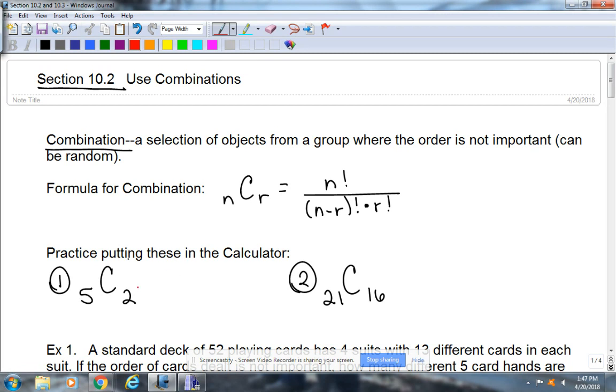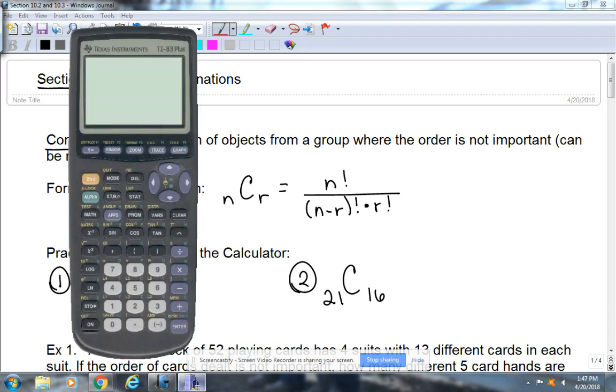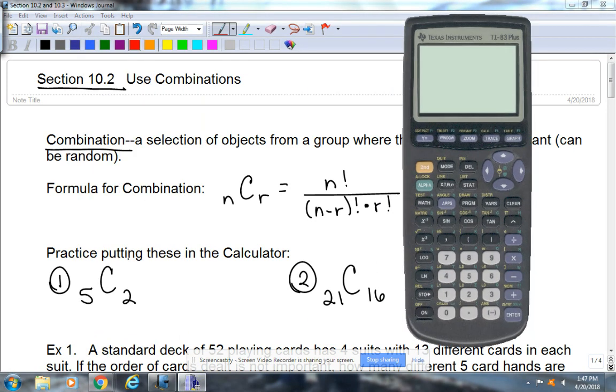So let's type in a combination. You type in a combination very much like you did a permutation yesterday. You turn on your calculator. I'm going to clear mine out. The number on the left is your total. So this one we have 5 objects in a combination, and we're choosing 2 of them.